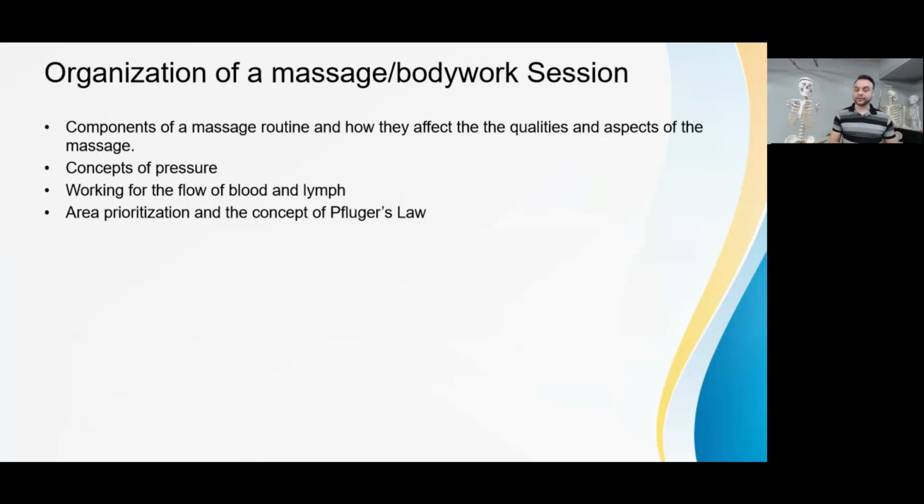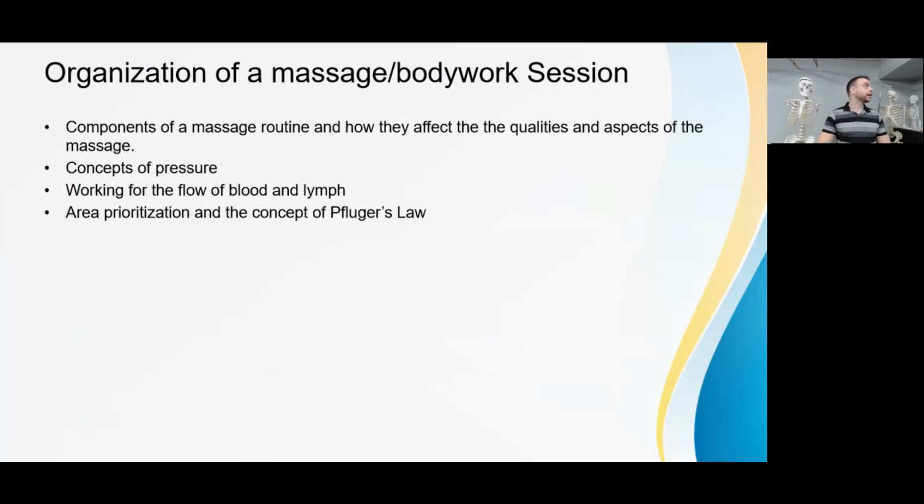Alongside that, we have the concepts of pressure. So we'll go into a rabbit hole about pressure, why it's good, from a neurological standpoint, why pressure is beneficial to our clients. Of course, we'll focus on the way we flow with our strokes, focusing on blood and lymphatic flow and how that benefits our clients in a bodywork session.